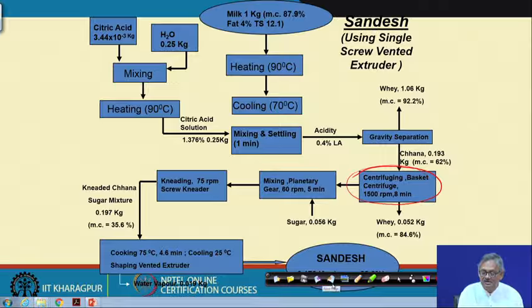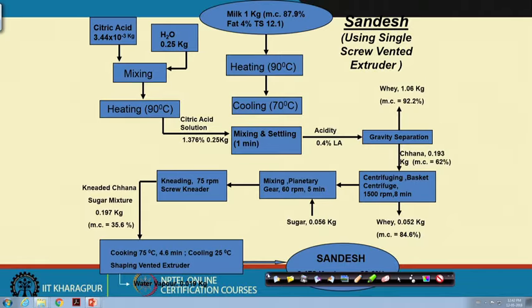Centrifugal separation is done by basket centrifuge at around 1500 rpm for 8 minutes, right. Earlier we did not mention the rpm of this centrifuge. Here we are mentioning that the centrifuge is working at 1500 rpm.